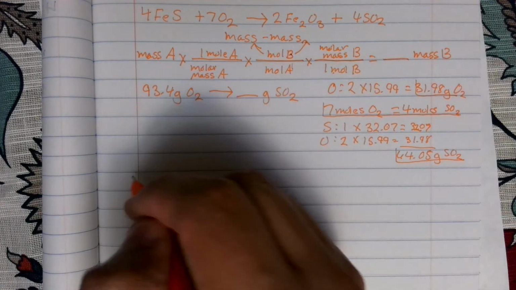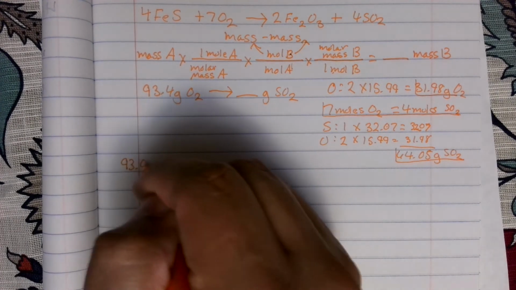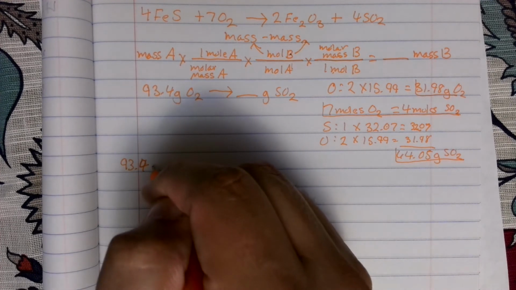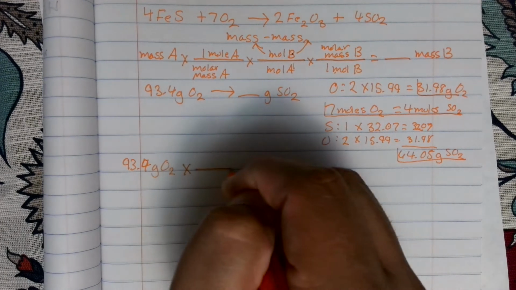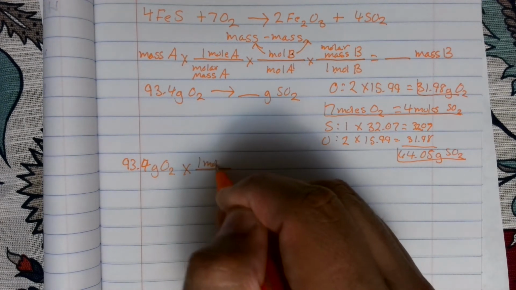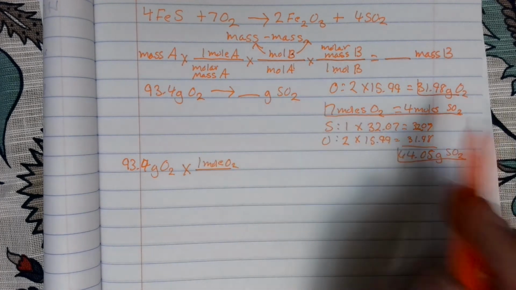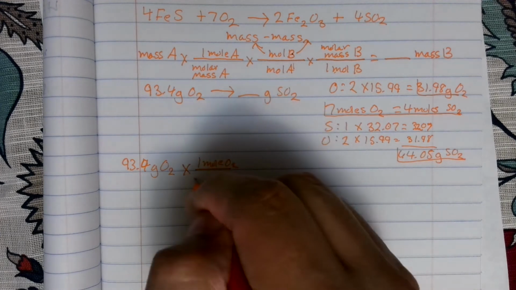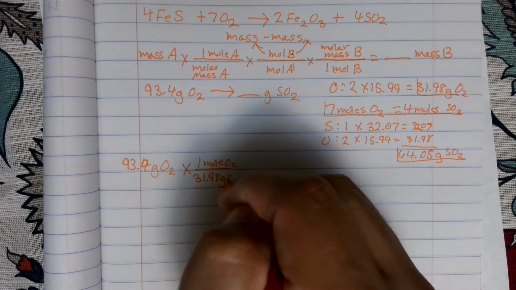So that's going to be 93.4 grams of O2. Okay. We're going to set up our first conversion factor, which is 1 mole of O2, and for our mass, that was this number over here, 31.98 grams of O2.